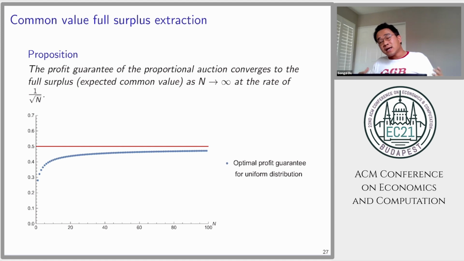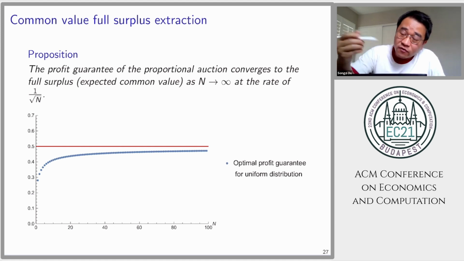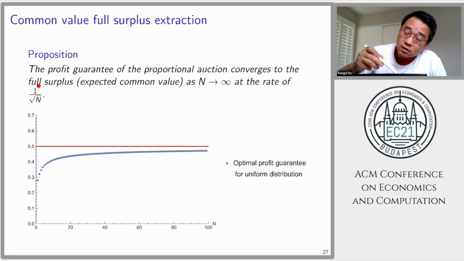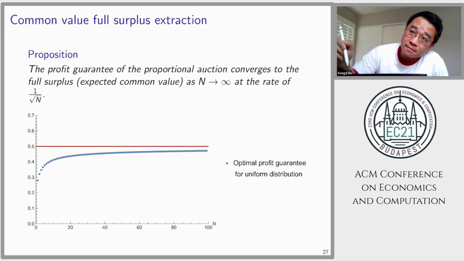So even if we know exactly the information structure, we cannot improve the profit guarantee from the proportional auction by very much, because the profit guarantee converges to the full surplus at the rate of the central limit theorem, which is 1 over square root of n.